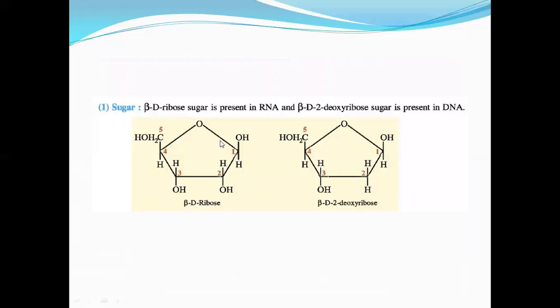For example, sugar: beta-D-ribose sugar is present in RNA, and beta-D-2-deoxyribose sugar is present in DNA. The structure of ribose includes what? CH2OH and then the O form. There is an ether form. So there are two different things. What is the difference over here? You can see.